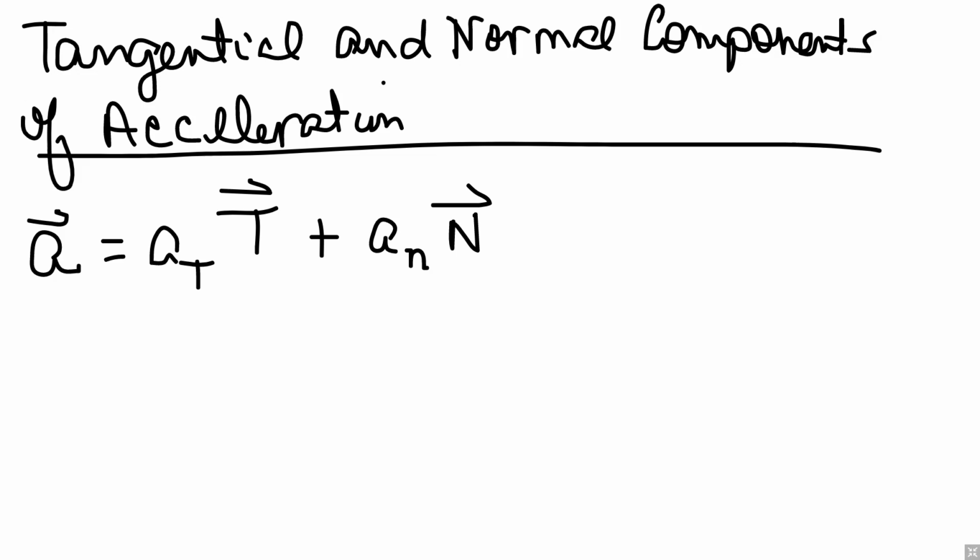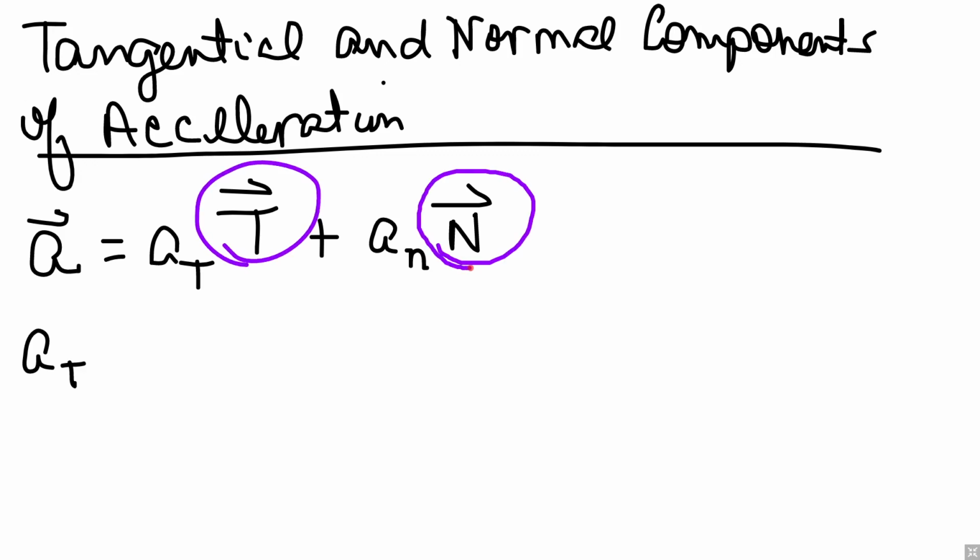Okay, now how do we calculate each of these? When we're doing this, we're never really worried about actually finding the unit tangent or the unit normal. What we're looking for is what a sub t is and what a sub n is.